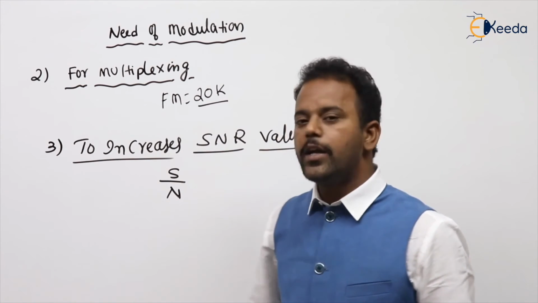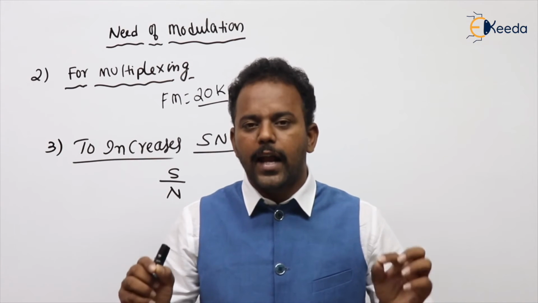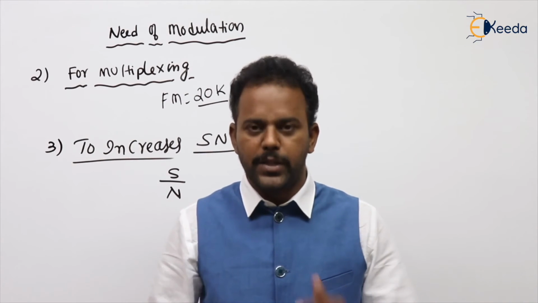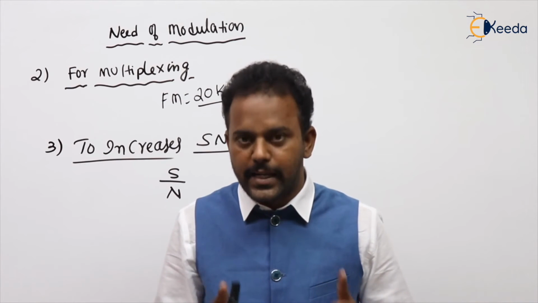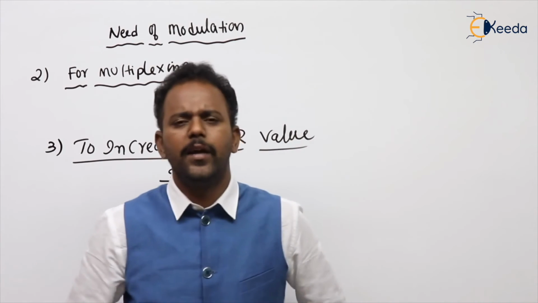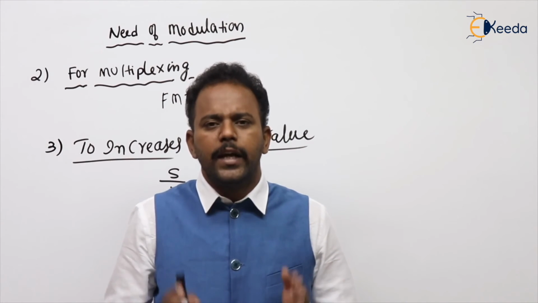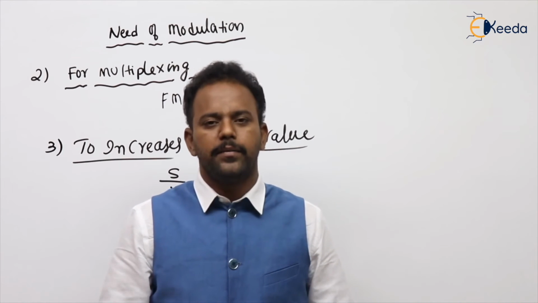If the SNR value is good at the input of a receiver, then the final clarity of the received, that is reconstructed, signal will be excellent. Because ultimately, what is our purpose? To get back our message in an excellent manner.